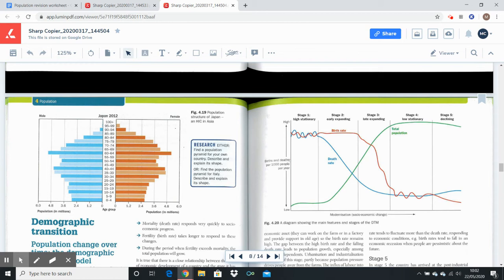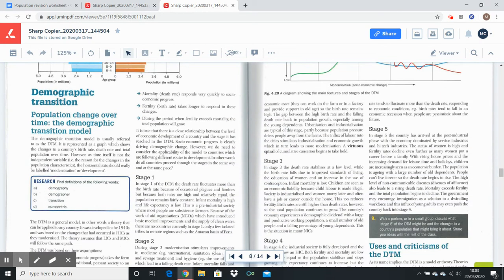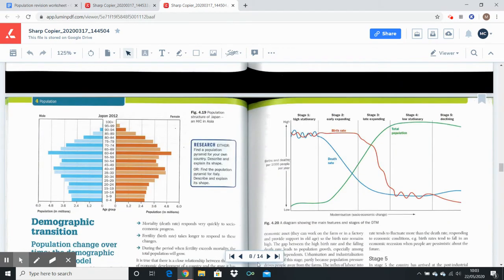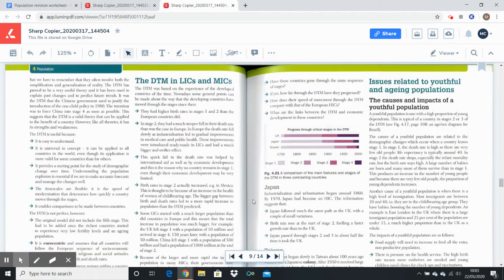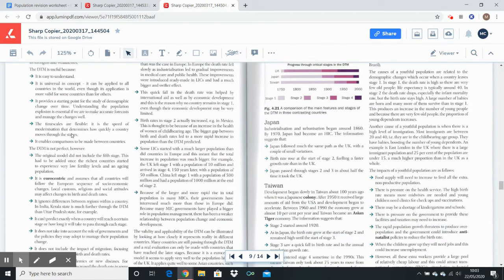Stage 4 tends to be more developing countries like India, Mexico, Brazil, Chile, and stage 5, UK, Germany. You can go beyond that into stage 6, near enough, where you've got Japan and Sweden and so on. So make sure you insert the demographic transition model as well, that would be a good idea. There are a few issues with it.